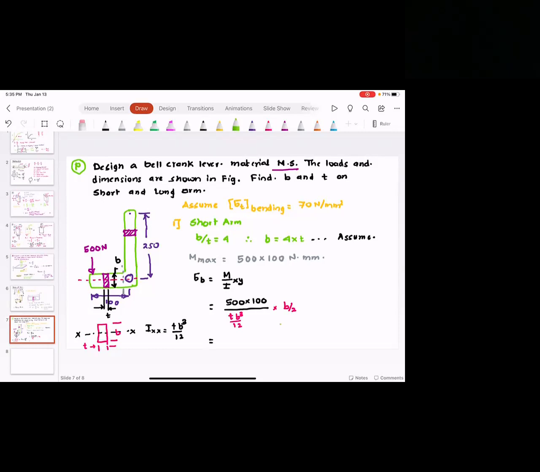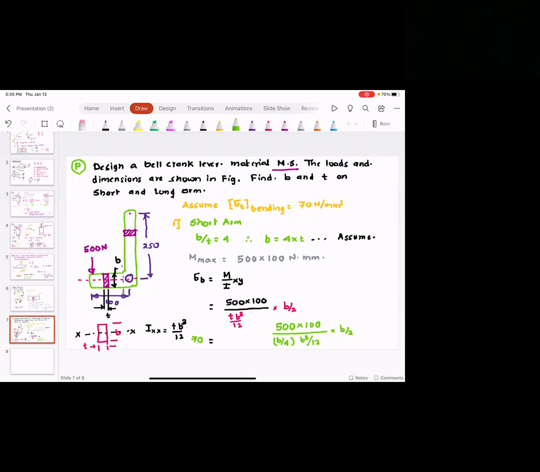So this equation is going to be 500 times 100 divided by B by 4 times B cube by 12, multiplied by B by 2, is equal to the stress, which is 70. So please understand, the only unknown on the left hand side is B. So you can use your calculators and find the value of B. Everyone understood this?